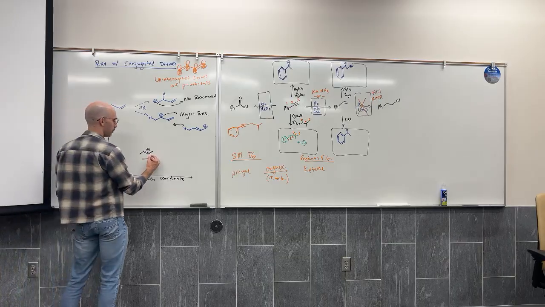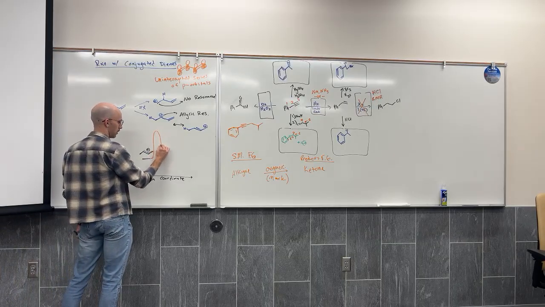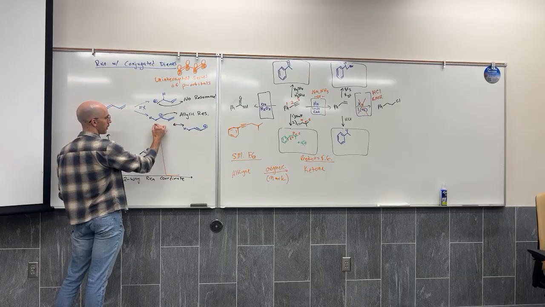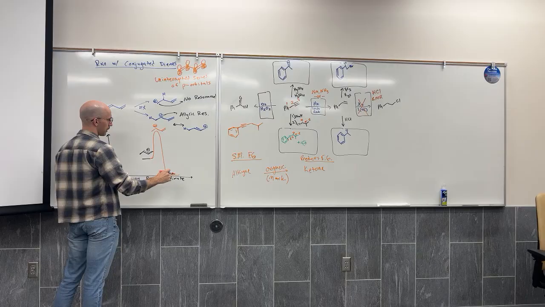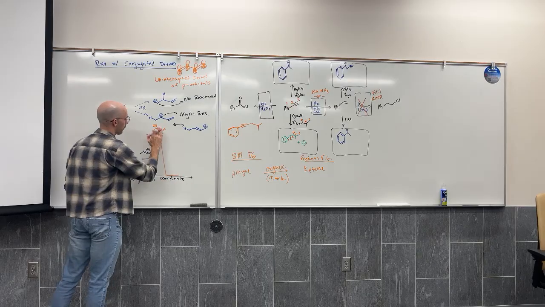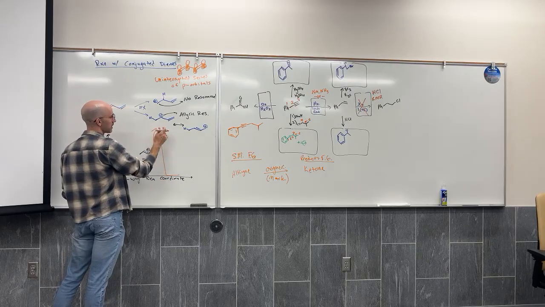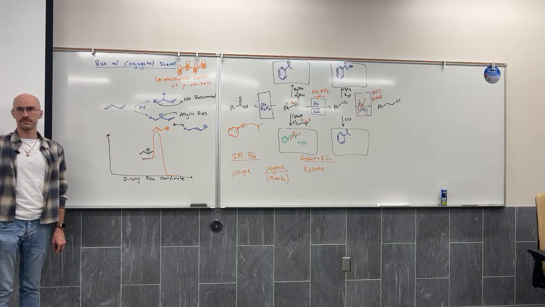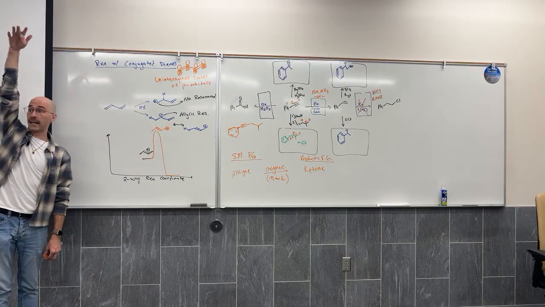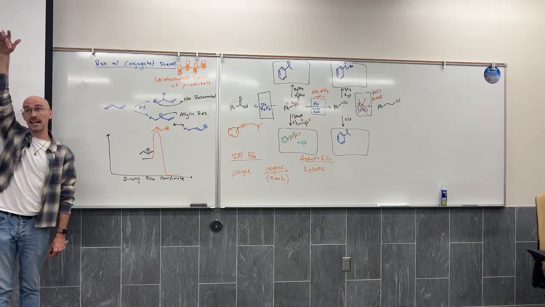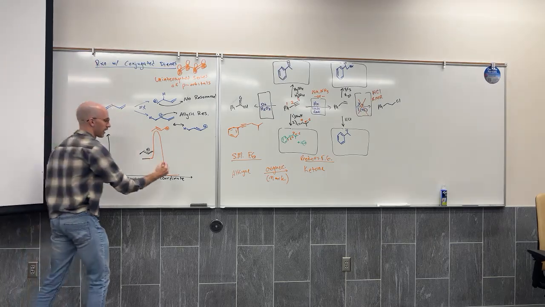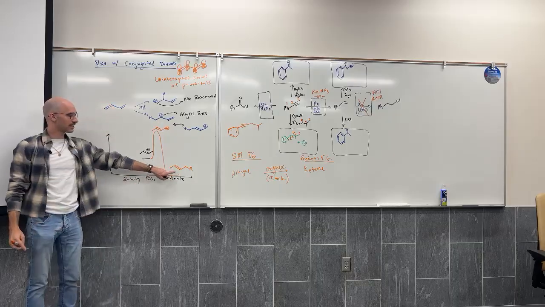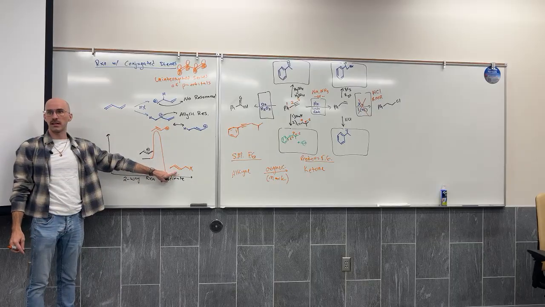If the reaction proceeds by the more substituted carbocation, if the reaction proceeds by the less substituted carbocation, that's a high energy structure because it's a less stable carbocation, but the final product is a more substituted alkene.